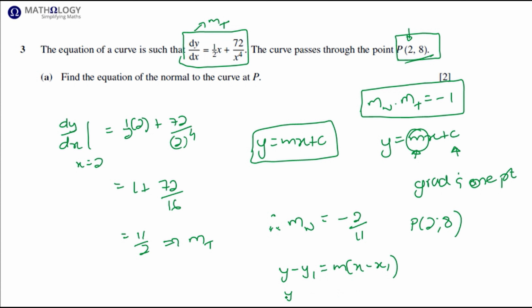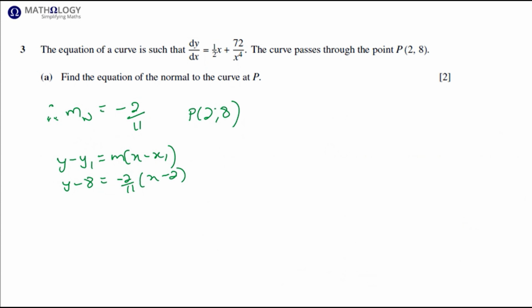So y minus 8 equals minus 2 over 11 times x minus 2. So y minus 8 equals minus 2 over 11 x plus 4 over 11. y equals minus 2 over 11 x plus 92 over 11.